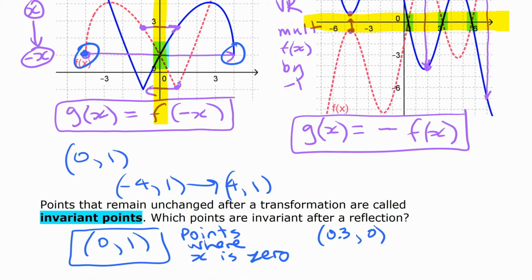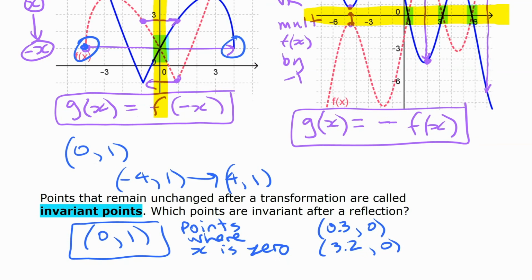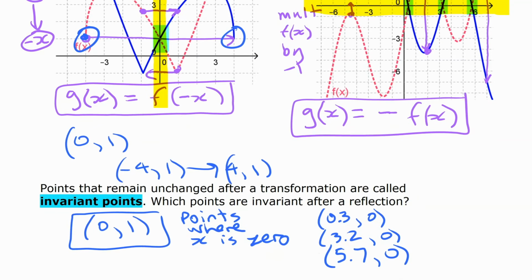The second one looks like around 3.2, 0. And then that third one looks like about 5.7, 0. Might have been good if I had made it whole numbers, but that's okay. You get the idea. The common thread is that all of those points have 0 as a y value. So invariant points in a vertical reflection are points where y is 0.